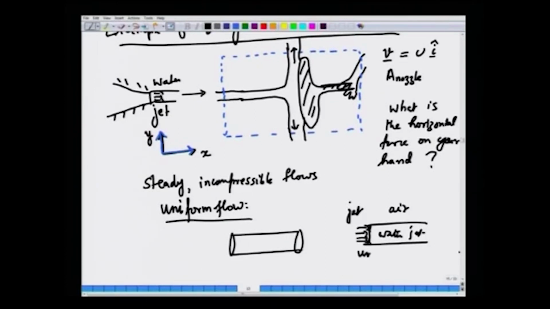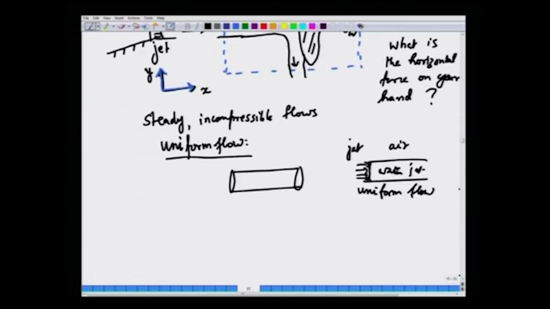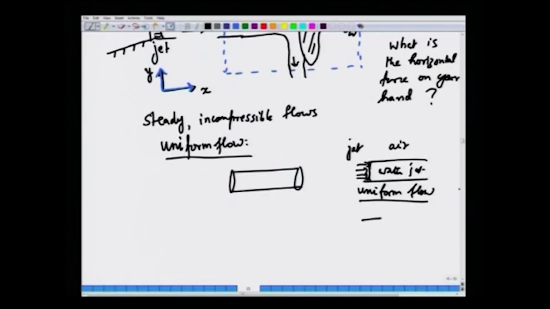Such a flow is called a uniform flow. And for water jets that exit from a nozzle to a free surface, it is a very good approximation to treat the flow to be uniform, because in reality also the velocity vectors are constant, they are independent of the cross section. So, this is an example of uniform flow. The velocity vector is independent of the cross section.